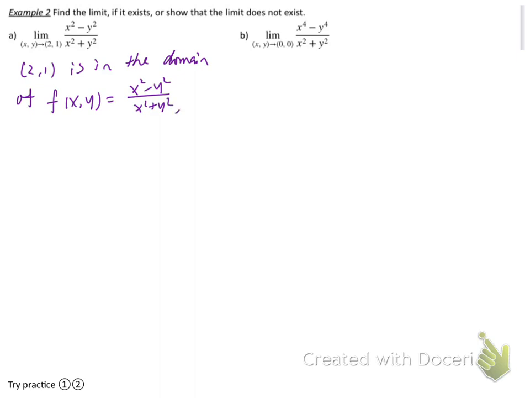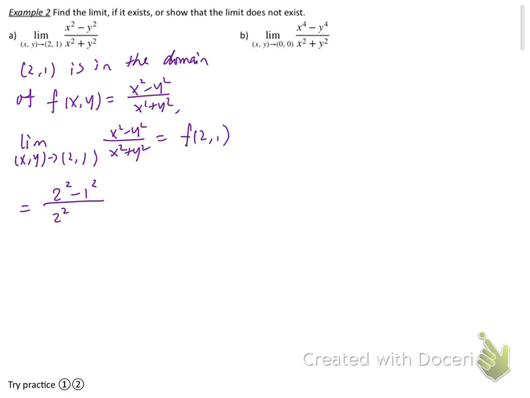So first of all, the limit exists, and the limit would just be f of (2, 1), which is 2 squared minus 1 squared over 2 squared plus 1 squared. That is 4 minus 1 over 4 plus 1, so we get 3 over 5. So we get it by continuity.